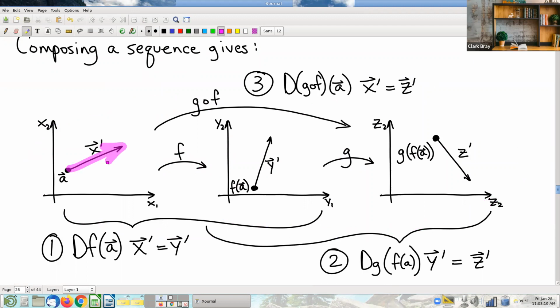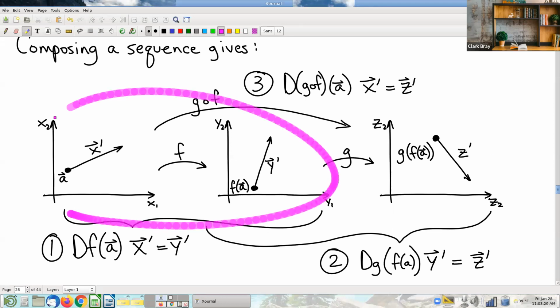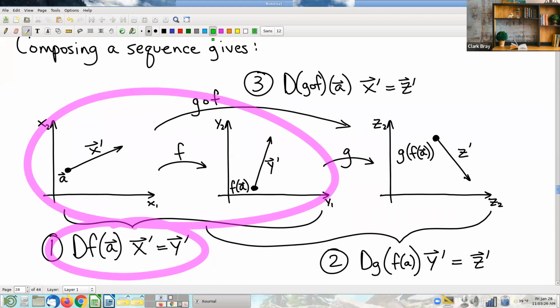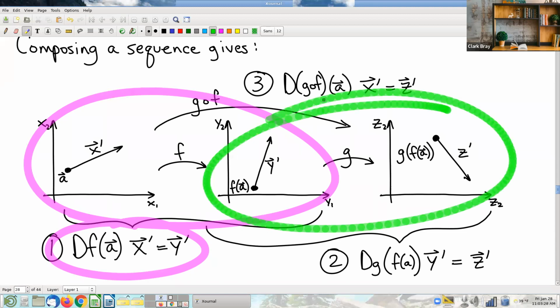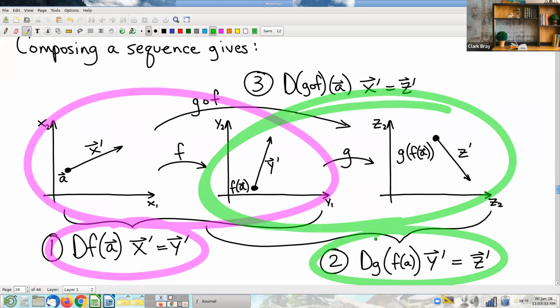If the x's are moving, well, then so are the y's. And of course, if the y's are moving, well, then so are the z's. And I can try to relate these velocities, same story. How do I relate x prime and y prime? Well, by the derivative of f. How do I relate y prime and z prime? Well, by the derivative of g.